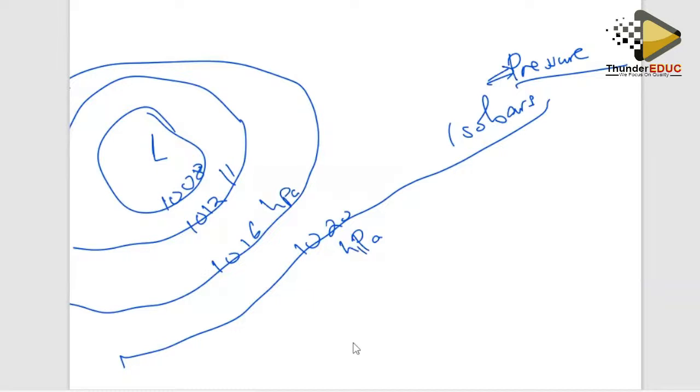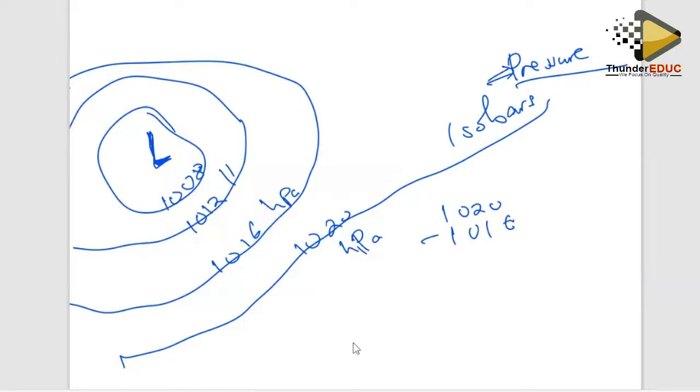This L here, we said it represents a low pressure cell. Let's look at the differences between the values of our isobars. The outermost here is 1020, and the one following it is 1016.